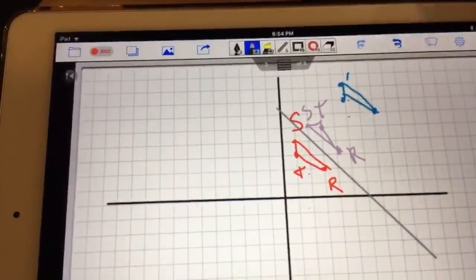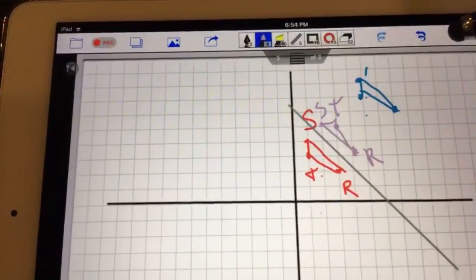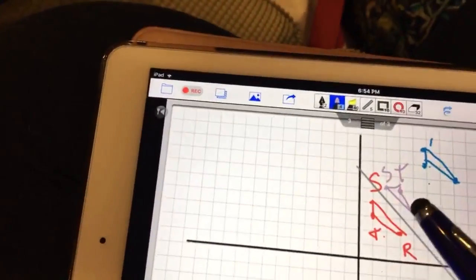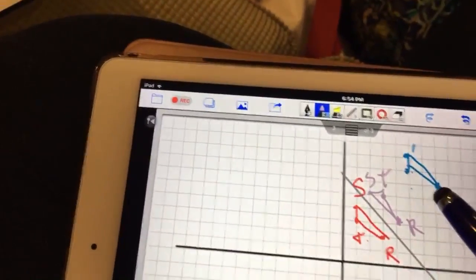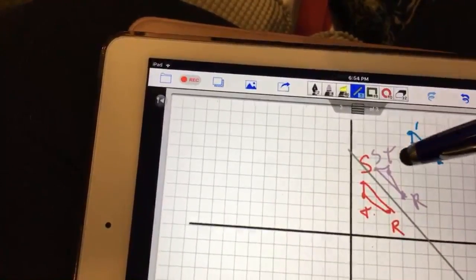And then if I wanted to do the same thing to get from the purple one to the blue one, my line would need to go through here.